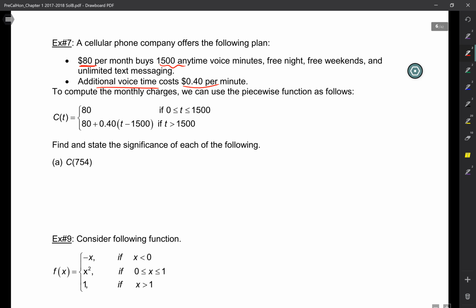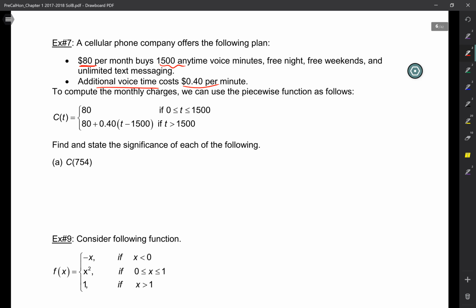So this is a classic piecewise function graph equation, because you have two situations. One, when the minutes go from 0 to 1,500, it's one price, and then when they go 1,500 and more, it's a different price.